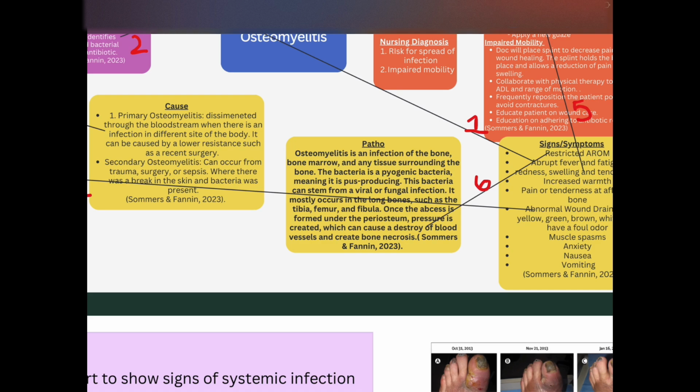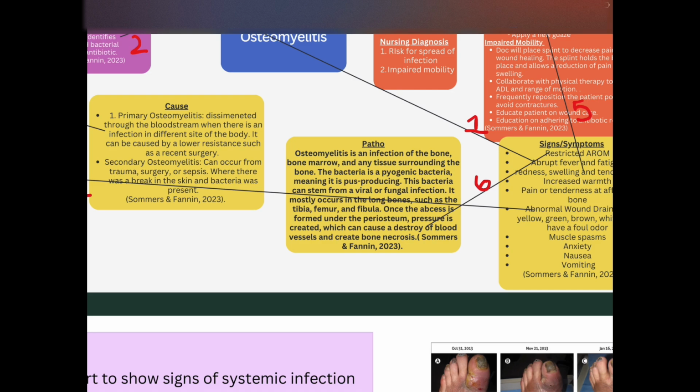It is an infection of the bone marrow and any tissue surrounding the bone. The bacteria is pyogenic, meaning it is pus producing. I didn't even know that was a thing, but apparently it is. This bacteria can stem from a viral or fungal infection.